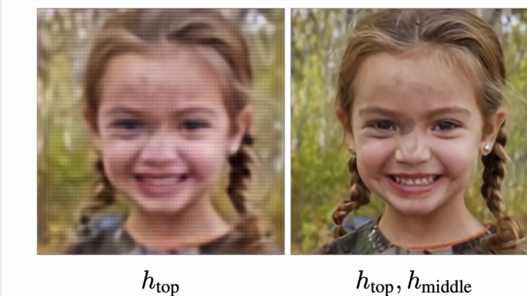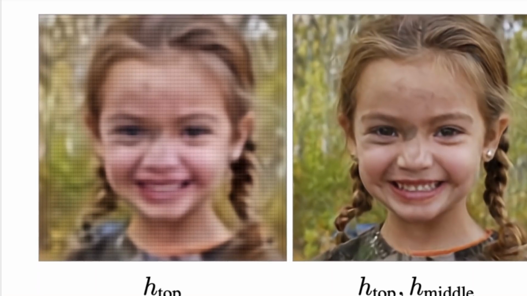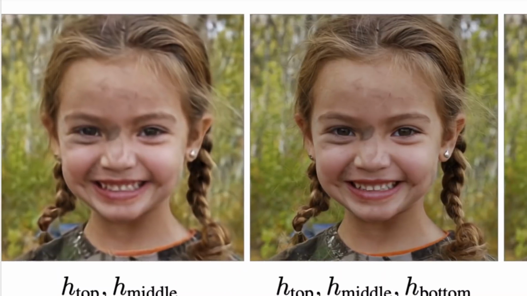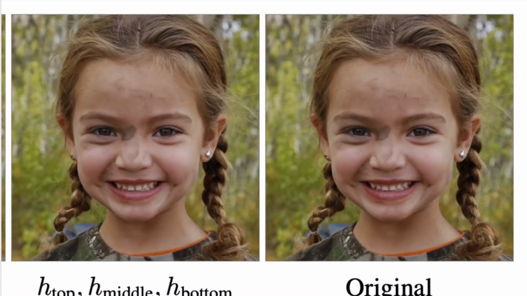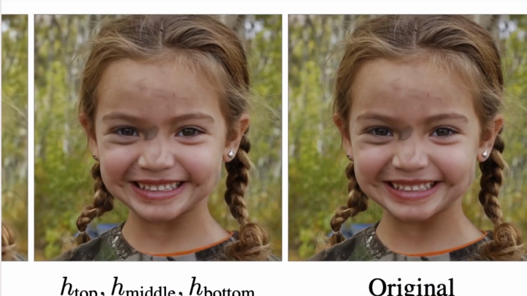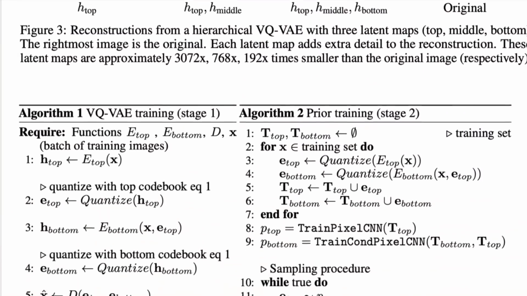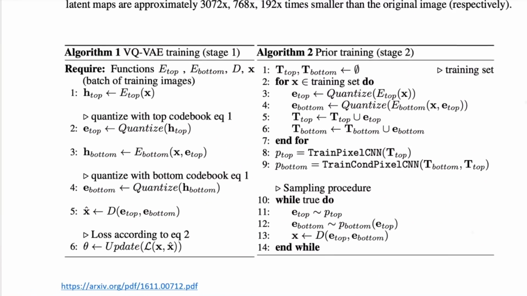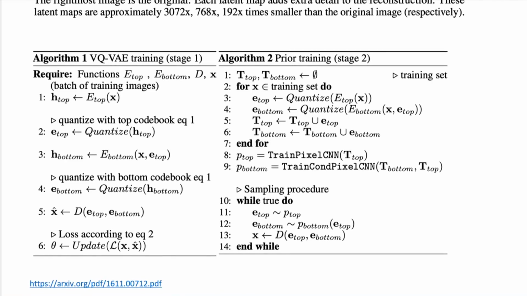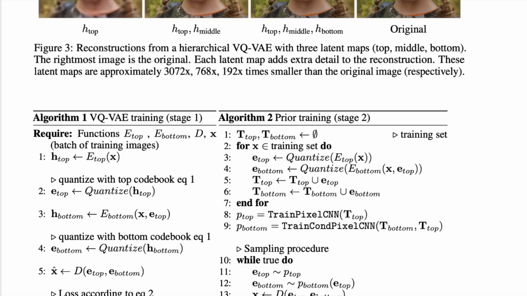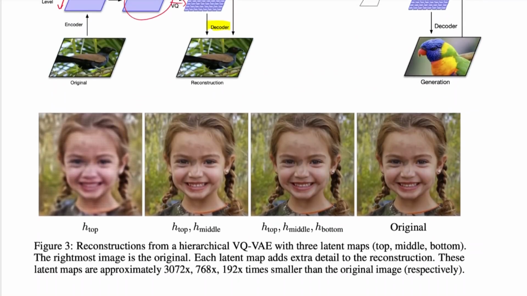The top decoder here outputs something quite blocky, and then every additional one adds details to the image. It's pretty impressive as such. And you can see the training right here of the VQ-VAE. These are papers from last year or the years before, so this has been known.